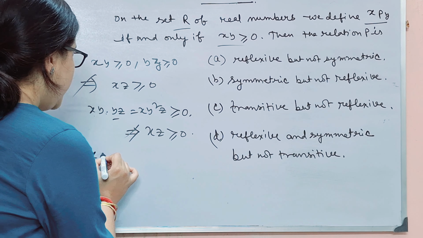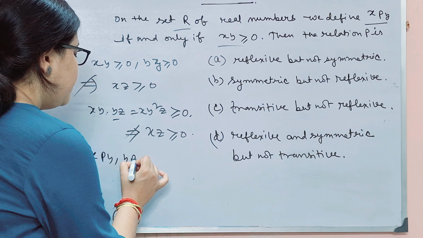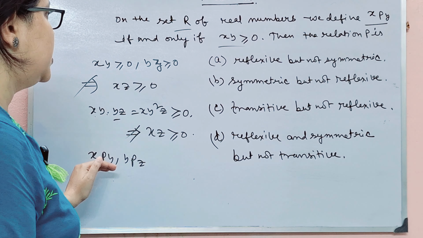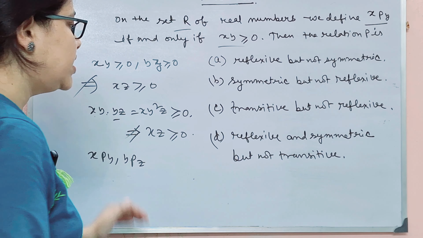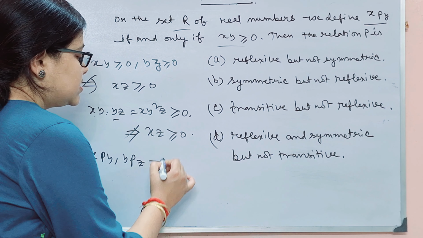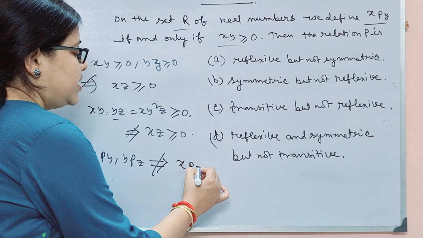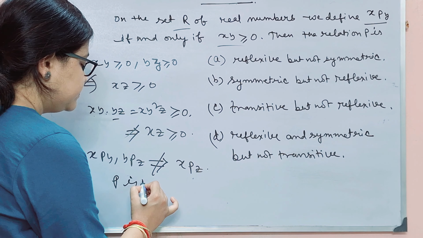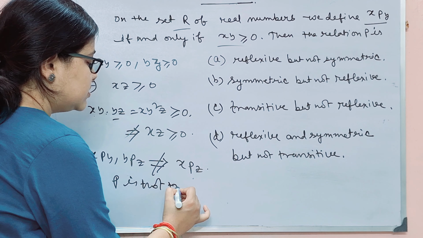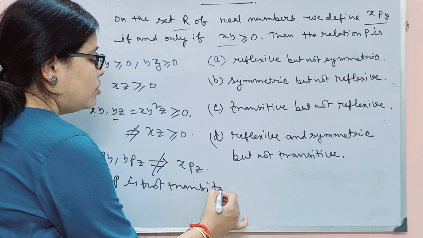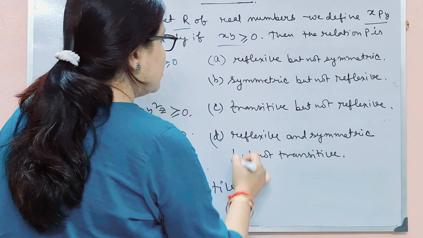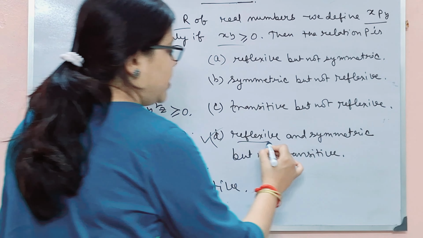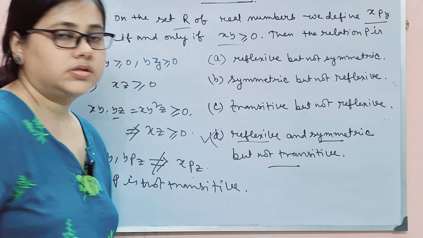So x P y and y P z together do not necessarily imply x P z. So P is not transitive. So in these options, D is the correct option: reflexive, symmetric but not transitive.